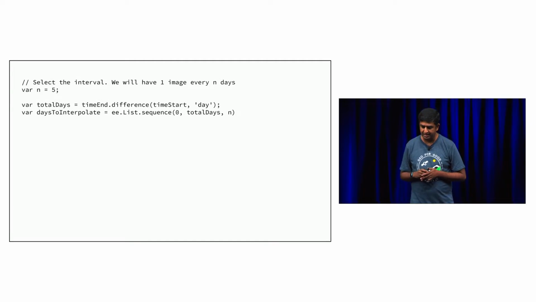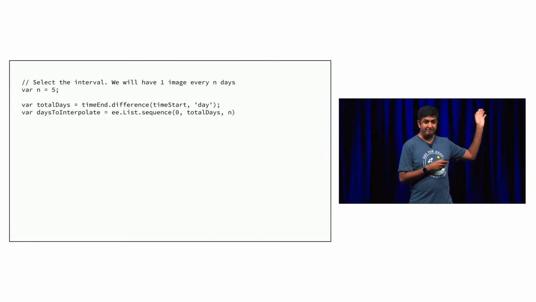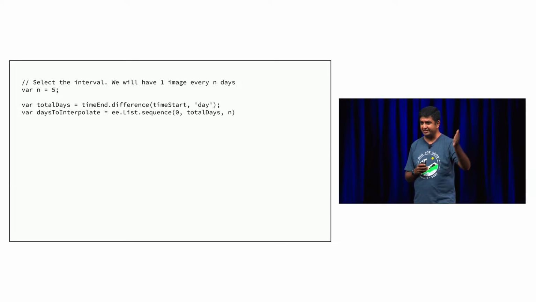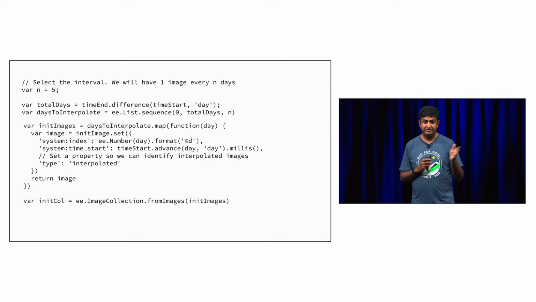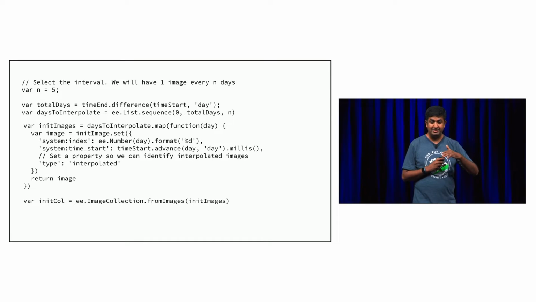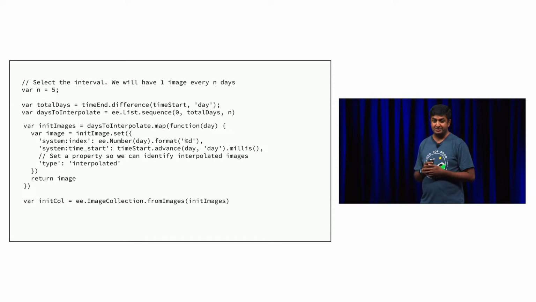So one additional bit that we need to do is create this empty image. Here we have multi-band data. So if you have 13 bands in the original data, create 13 empty bands and have this image as your initial image. We select the time period. Here I say I want every 5 days. You can do every 16 days, every 30 days, every 1 year, whatever. And then we create a list of days that we want to interpolate from start to end, and create those images.